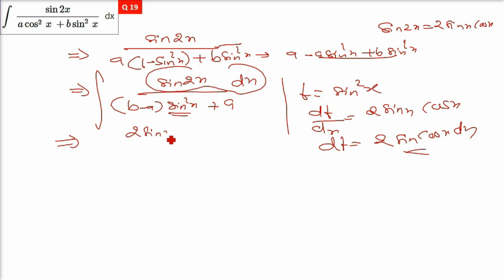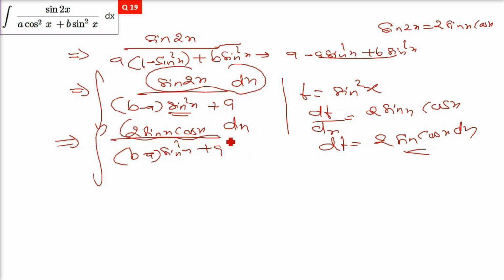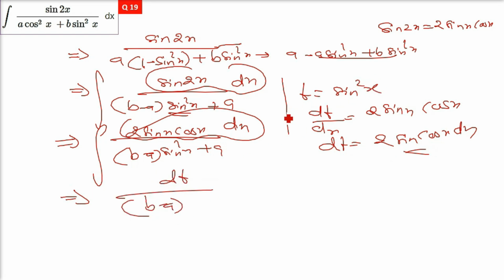So you can just write it like this: b minus a sin square x plus a. I'm trying to show you that this sin 2x is nothing but 2 sin x cos x, which we have retrieved from putting t as sin square x. So this is dt by b minus a, sin square x is t, it's not t squared, it's t, plus a.